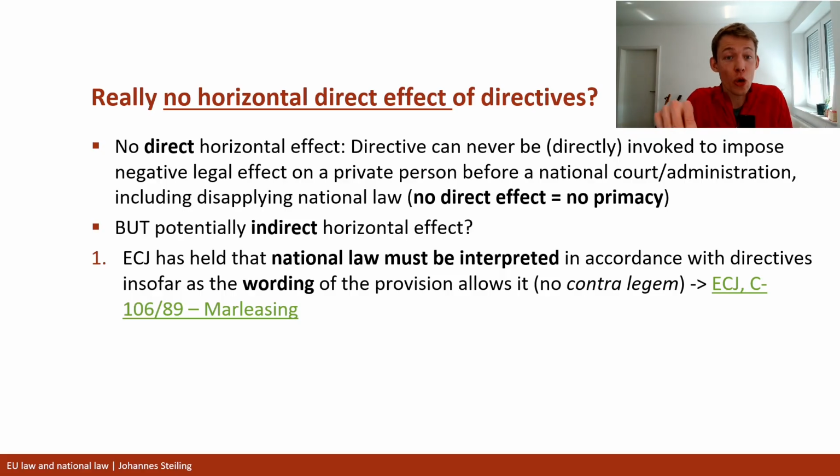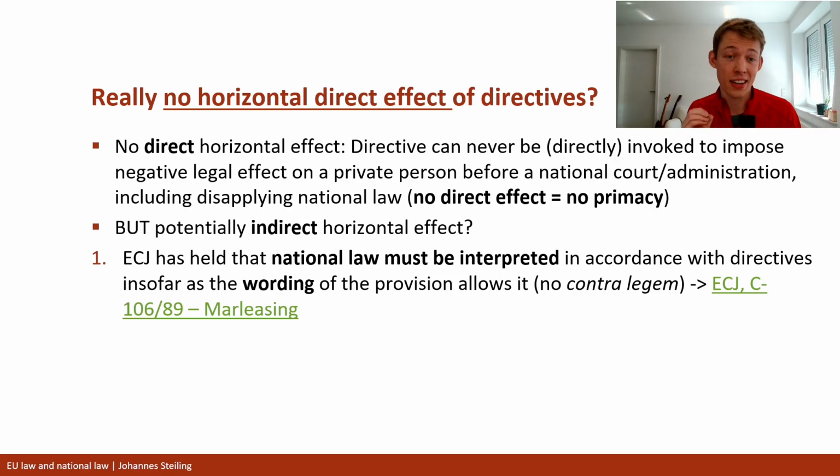I only interpret the national law in accordance with the directive. But the result, if the interpretation is possible, is kind of the same, right? I win my case against another individual based on national law. That is important, but national law interpreted according to the directive. So this is Marleasing.